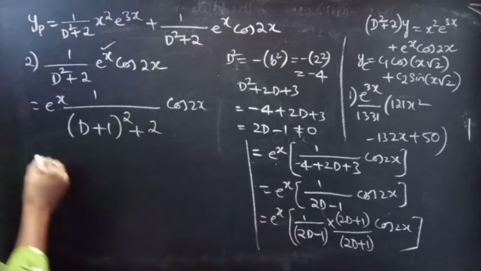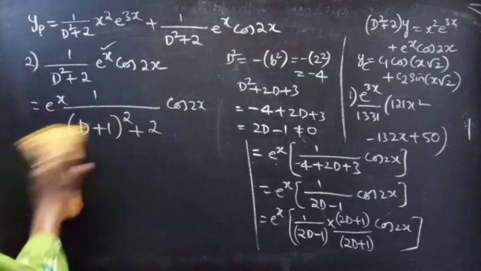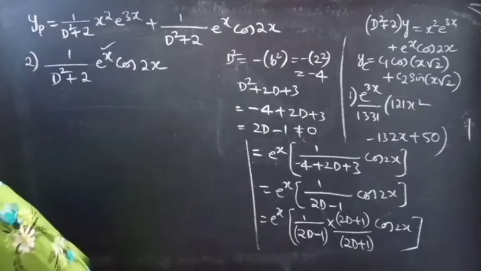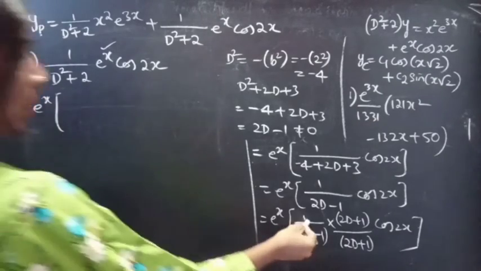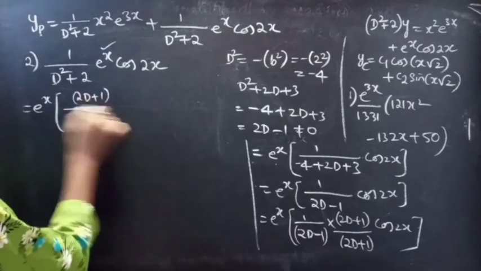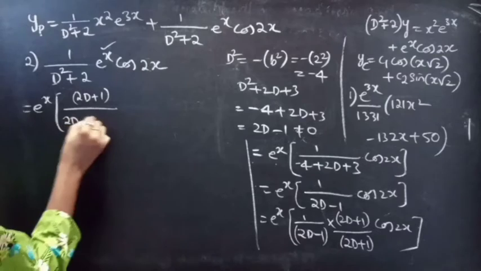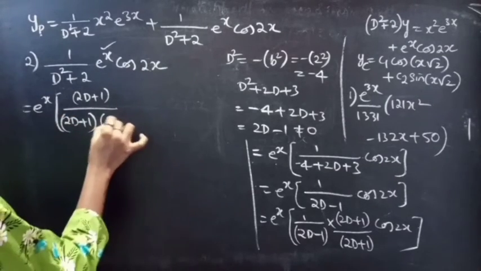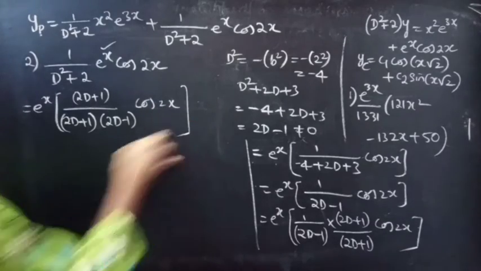Again, this becomes e power x into 1 into 2d plus 1 is 2d plus 1 by 2d minus 1 into 2d plus 1 into cos 2x.